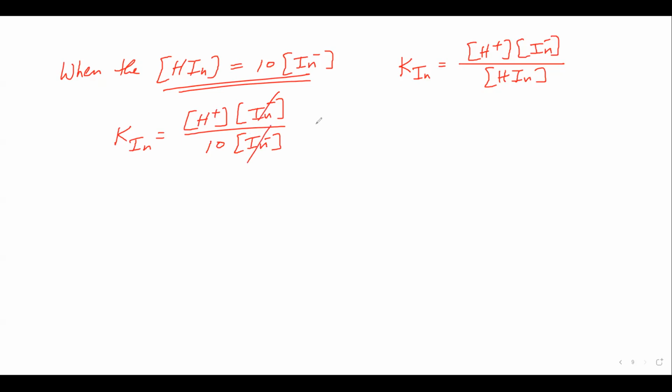So these can cancel, and of course the K indicator, we knew from before, is 2 times 10 to the power minus 4. And from which we say that the H positive is equal to 10 times 2 times 10 to the power minus 4, which is 2 times 10 to the power minus 3, from which we get the pH to be equal to about 2.7.